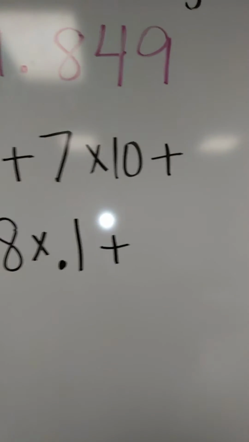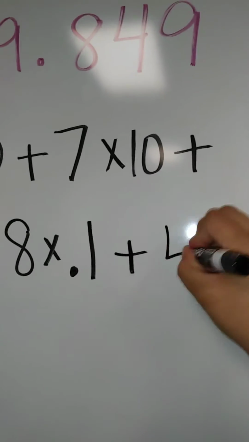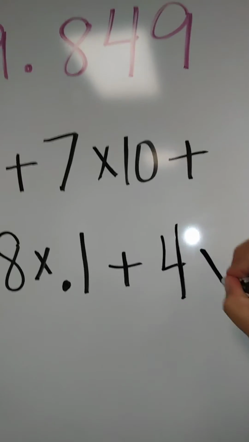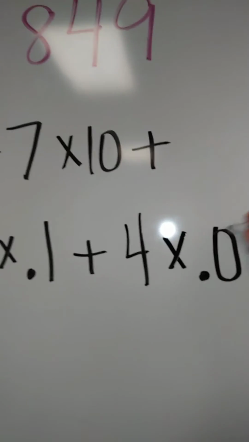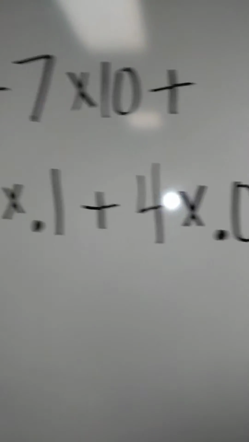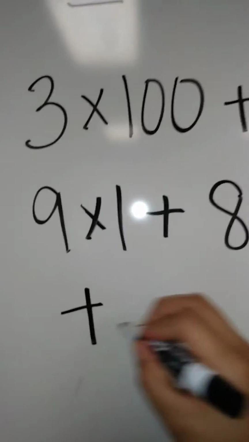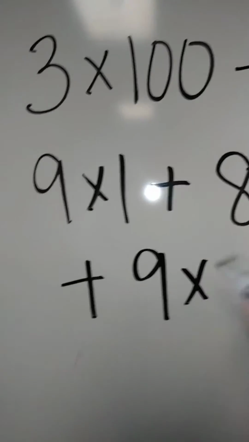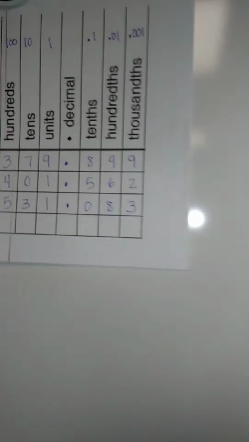All right, my next digit is the digit 4. It is located in the hundredths place, so I'm going to multiply it by 0.01. And then my last digit is a 9. Once again, I'm going to use my chart so you understand how we're doing this.